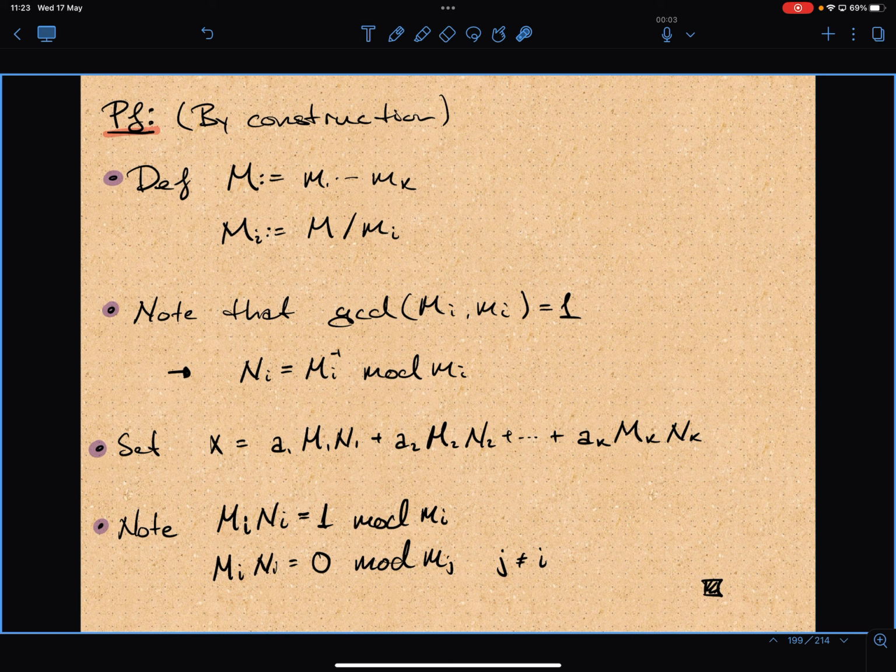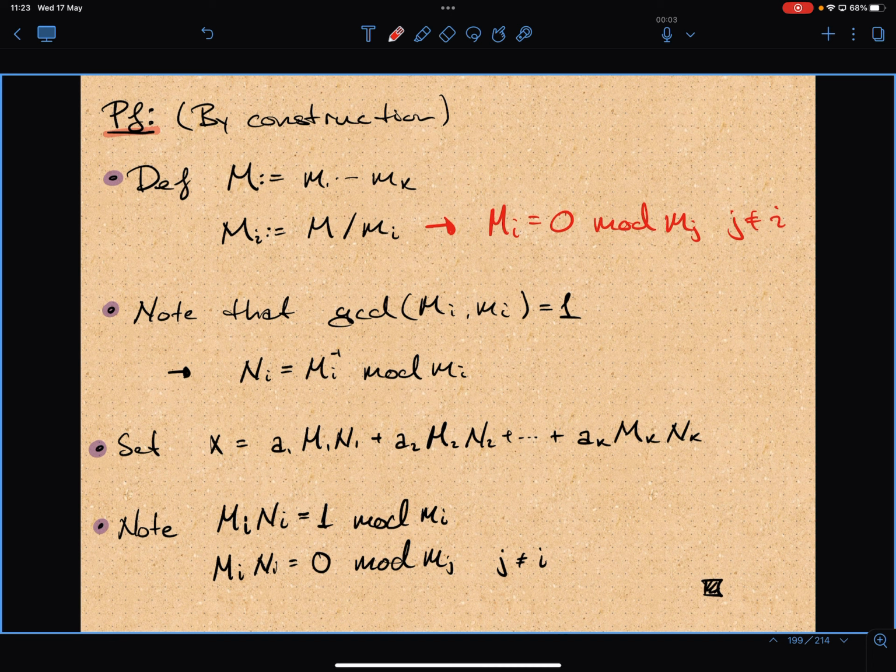And then for j not equal to i, I have that Mi shares a factor with mj. So this is going to be equal to 0. Mi by itself would be equal to 0 mod mj, j not equal to i, because it has a common factor.